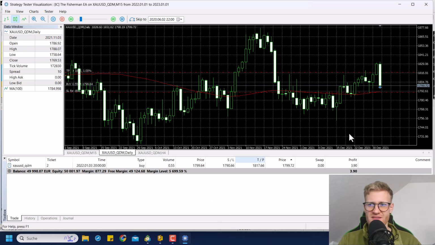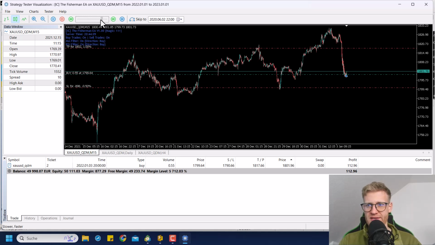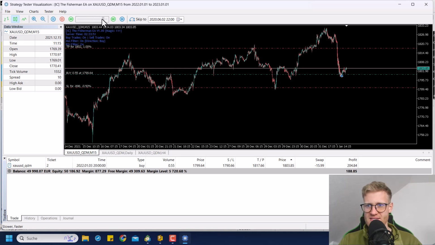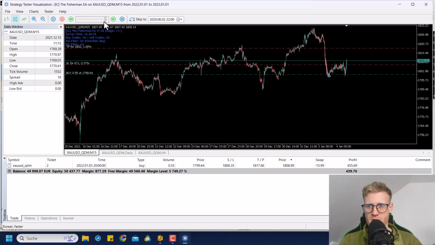So this means that we can take buy trades here. Also we can see that we do have the stop loss in a distance of 0.5%. We do have the TP in a distance of 1%. Also, if this trade goes into profit, and I hope it does, we will see that there is a trailing stop activated. And there is the trailing stop activated.